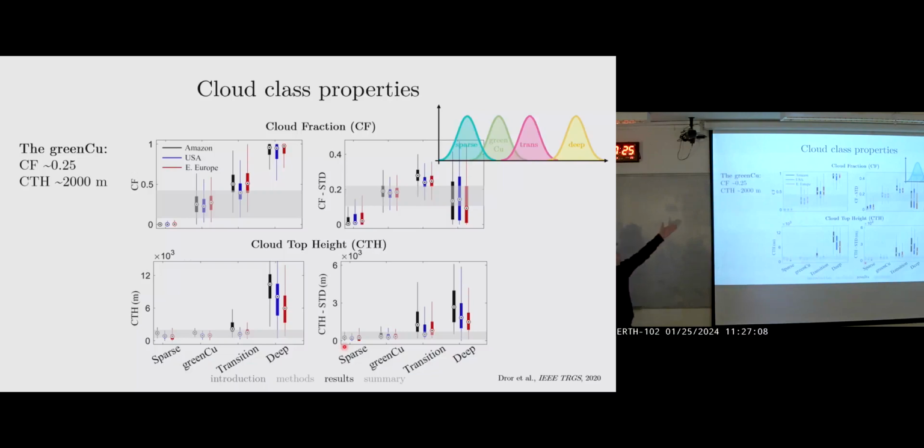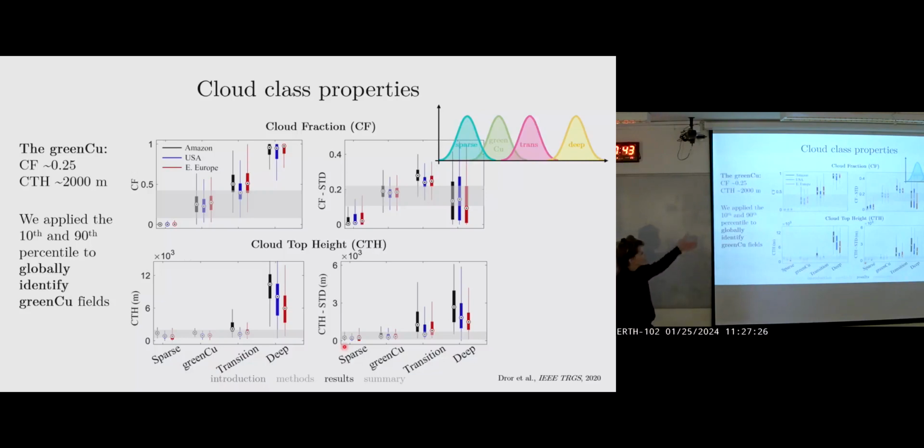We can talk even more about their specific properties, but I will not get into it now. Mostly I want to say that after this visual classification, we can use the statistics from this data set, instead of continuing to visually classify, to run over all MODIS years, 10, 20 years, whatever we want, and based on these properties, try to detect these clouds. And this is what we did next.